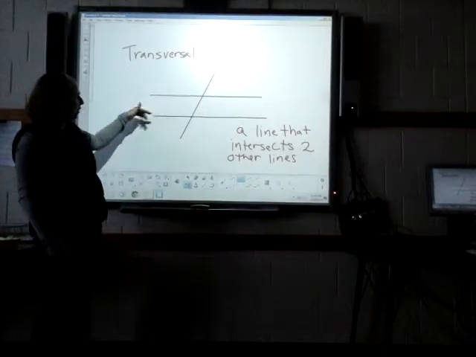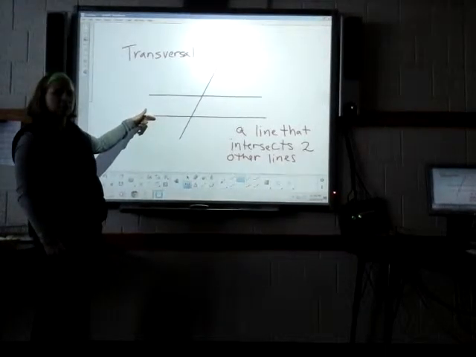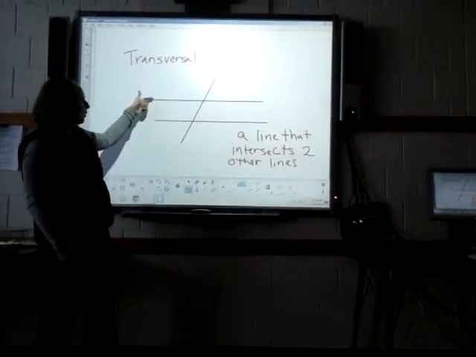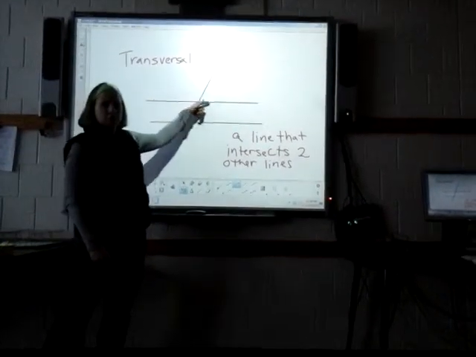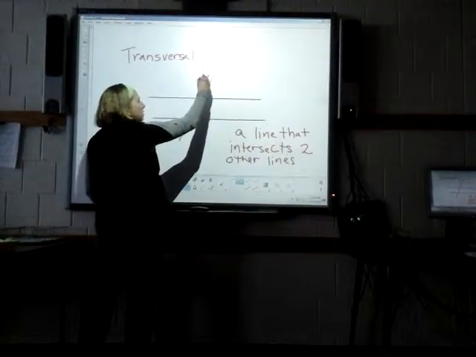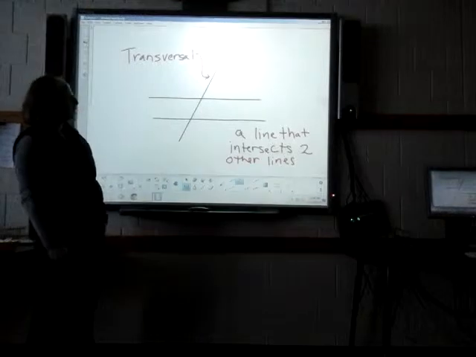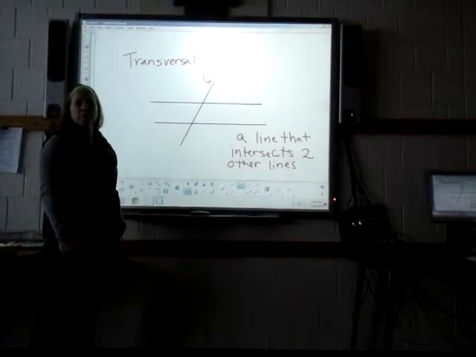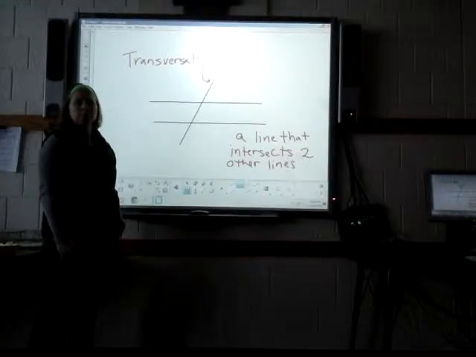Is it possible that this line is a transversal? No, it only passes through one other line. What about this one? No. Nope, also only passing through one line. So the only transversal on the page is right here. This is the only line that intersects two other lines. Any questions on transversal?